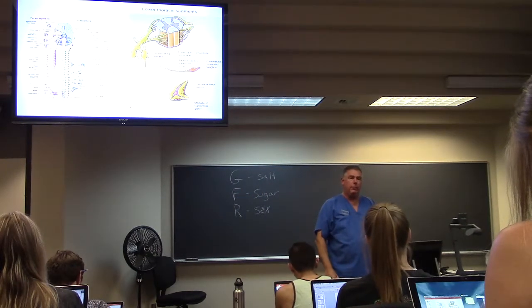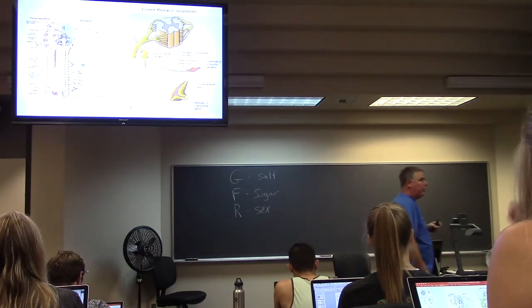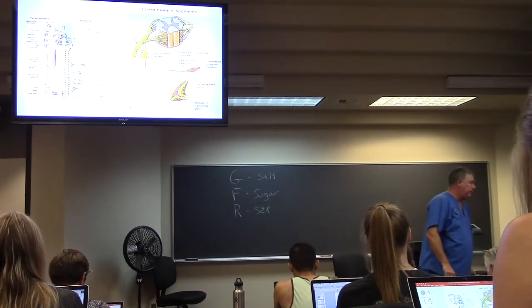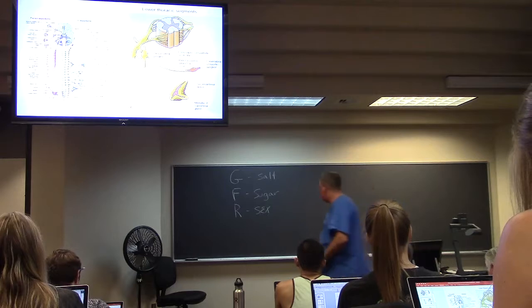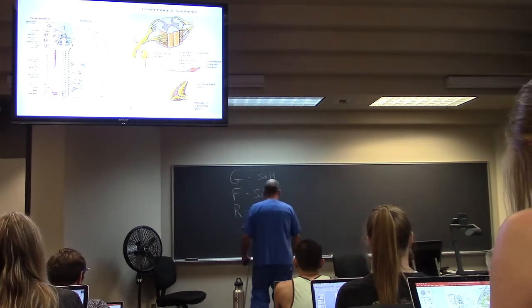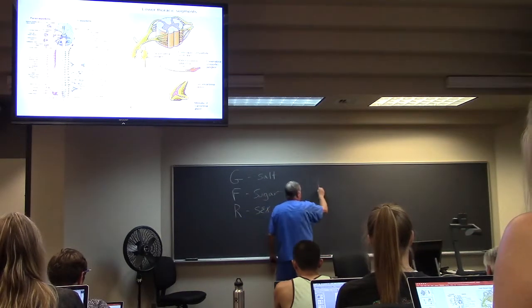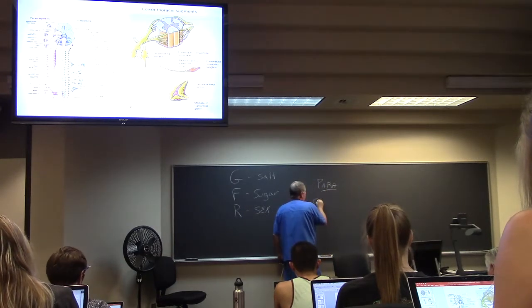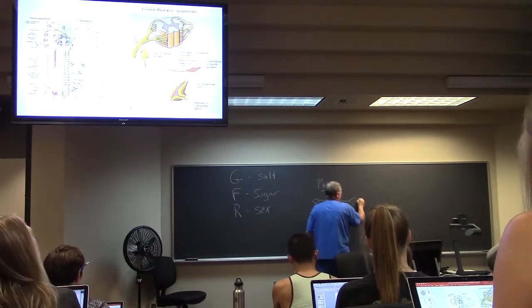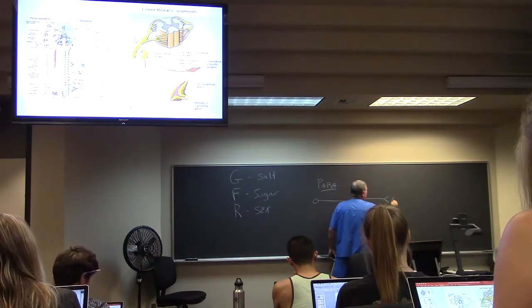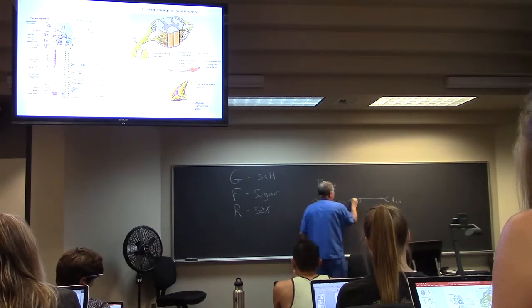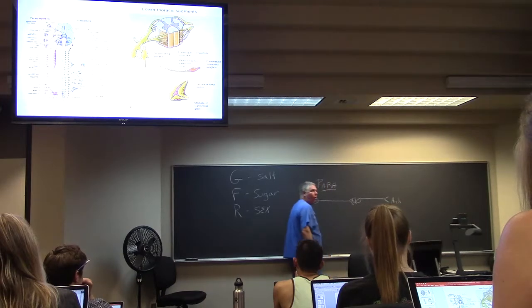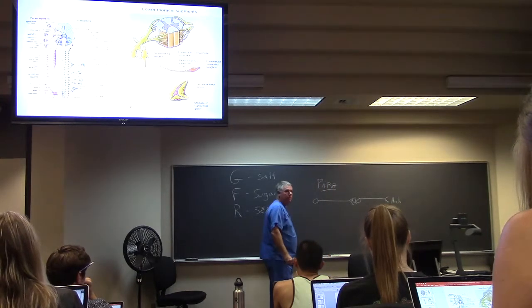The nervous system, as it applies to the adrenal medulla: when you're talking about the autonomic nervous system and the parasympathetic system, you've got preganglionics and postganglionics. Both of these use acetylcholine as a neurotransmitter.